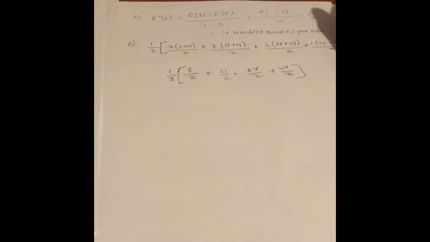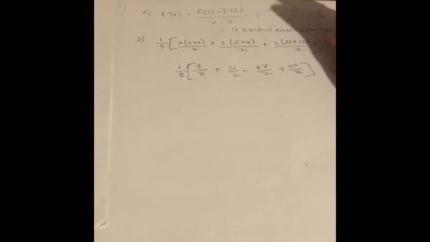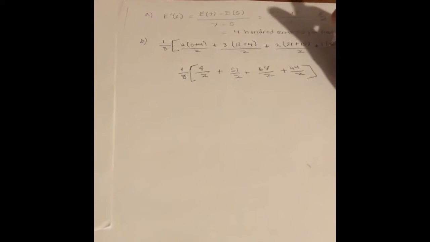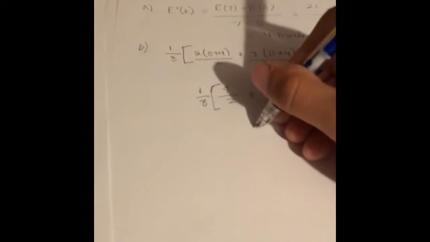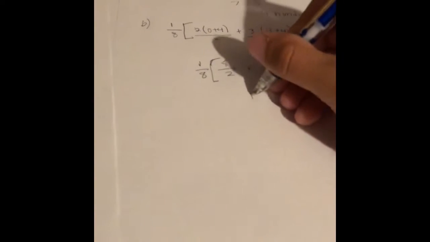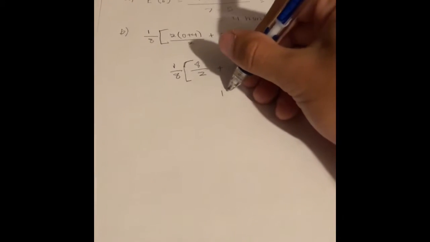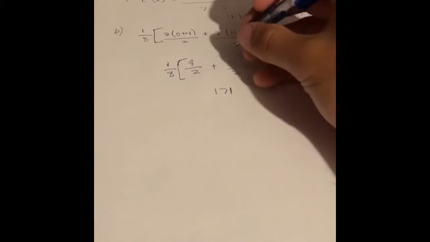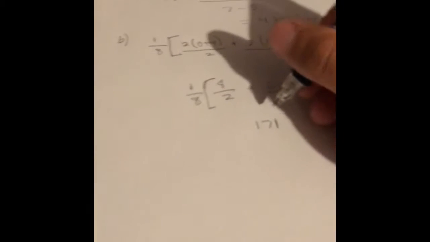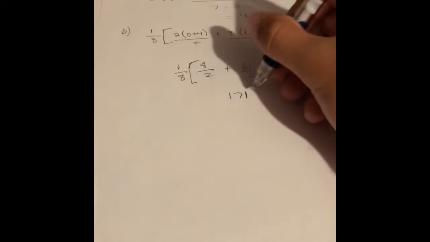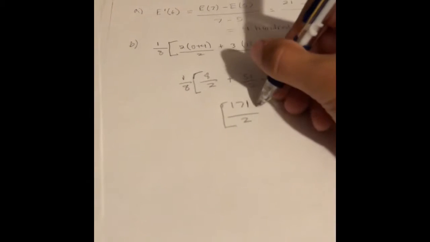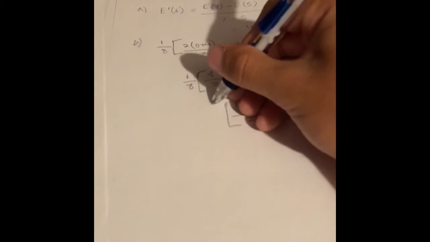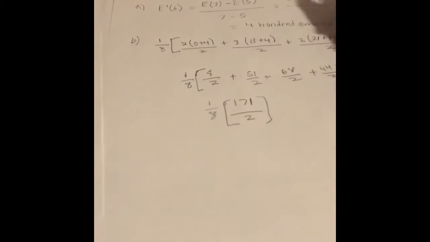And we're solving for this. We get 171 over 2 times 1 over 8.